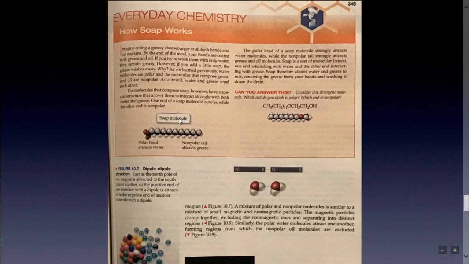So yeah, we start to get into a little muddy water here. Like I said, when we analyze the polarity of a molecule, we don't necessarily look at the whole molecule always. Sometimes we look at regions of a molecule. And soap is a really awesome molecule because it has a long nonpolar tail, with very equal distribution of carbons and hydrogens.